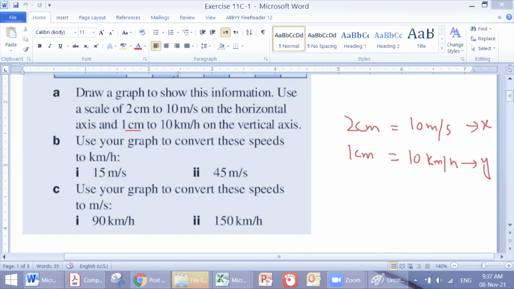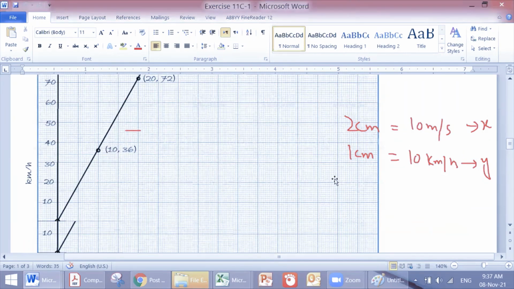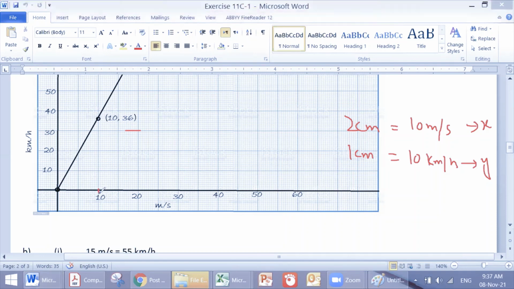If you draw this graph, I have drawn it. Just look at this one. So here you can see that on the x-axis, 2 centimeters equal 10 meters per second. This is 1 centimeter and this is 2 centimeters. So 2 centimeters are equal to 10 meters per second.